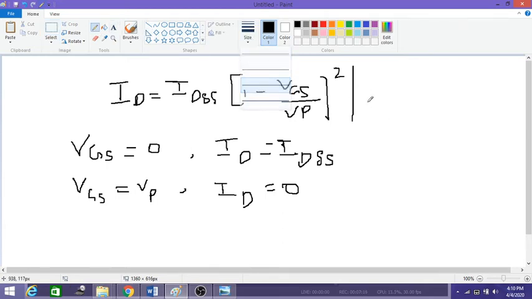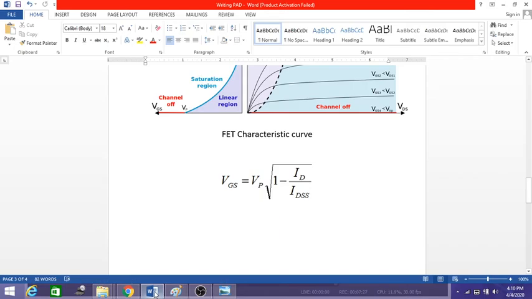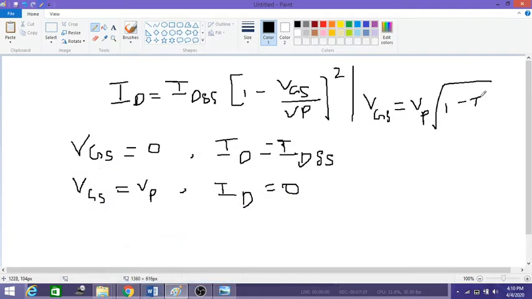Yes. So VGS is equal to VP into square root of 1 minus ID by IDSS.